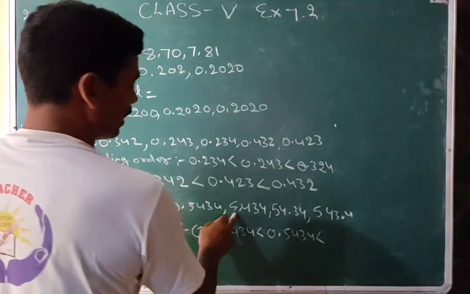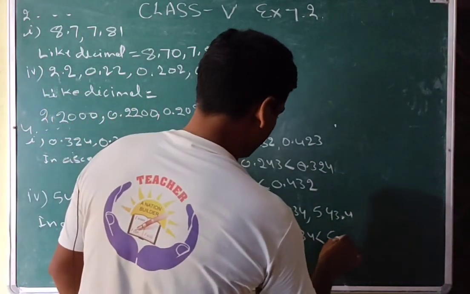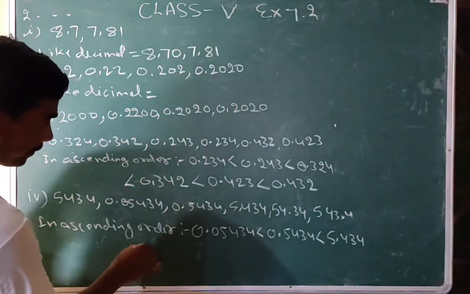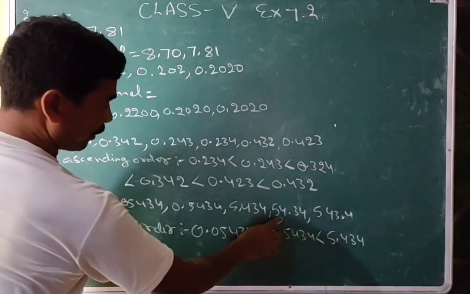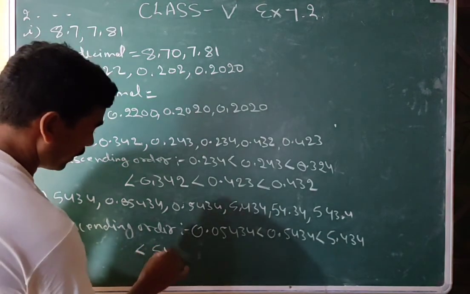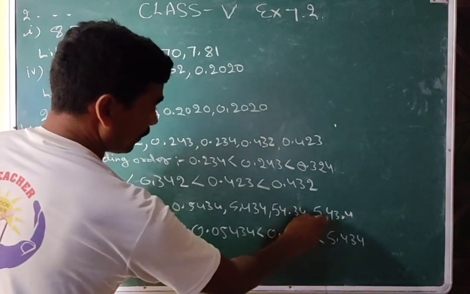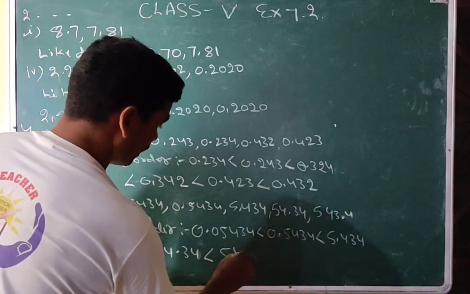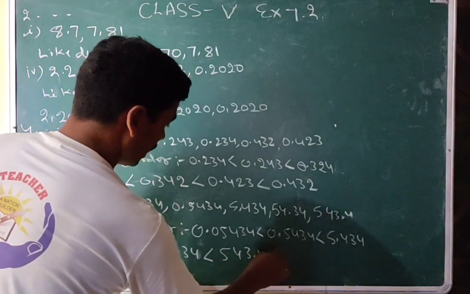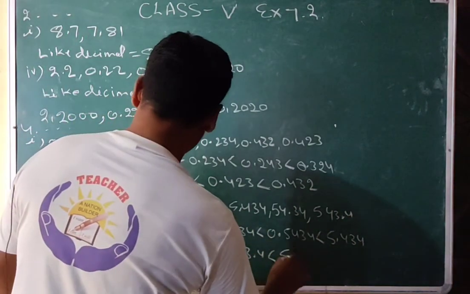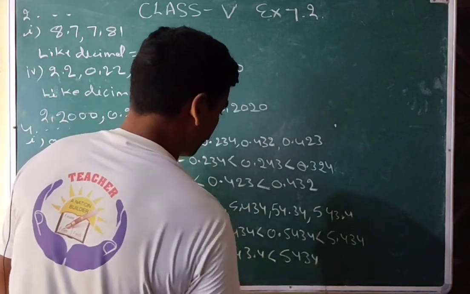So before the decimal this is the 5, so that will be 5 decimal 434, and then after this 54 decimal 34, and then after 543 decimal 4, and then after all the digits before the decimal, 5434, right?